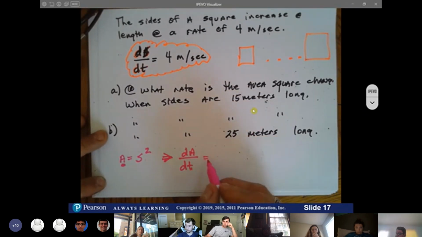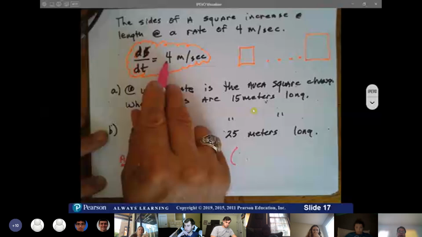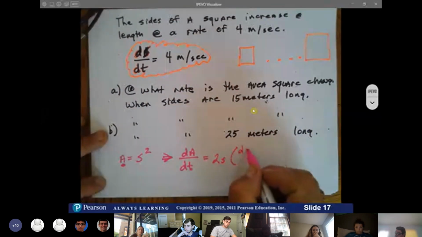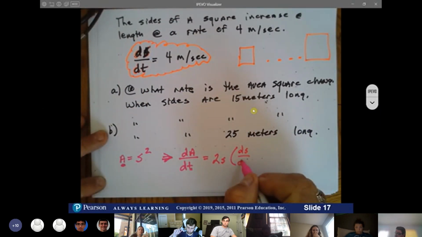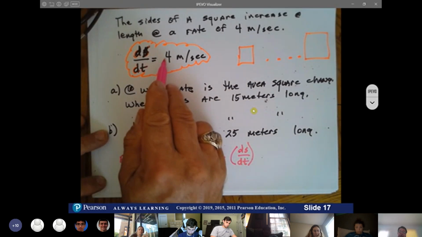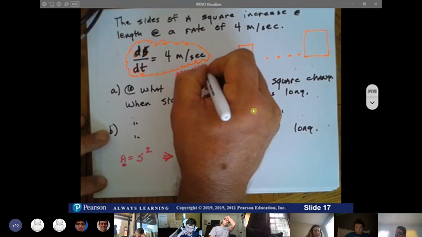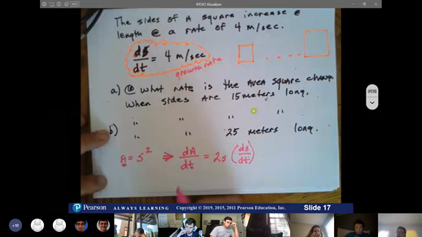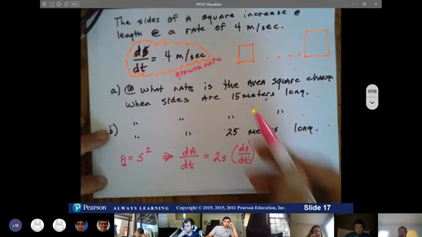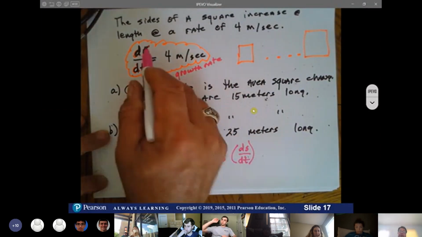Equals 2s, and then I have to multiply by the growth rate, ds dt. That will have to be multiplied by anything you do because that's the growth rate. So that's ds dt.